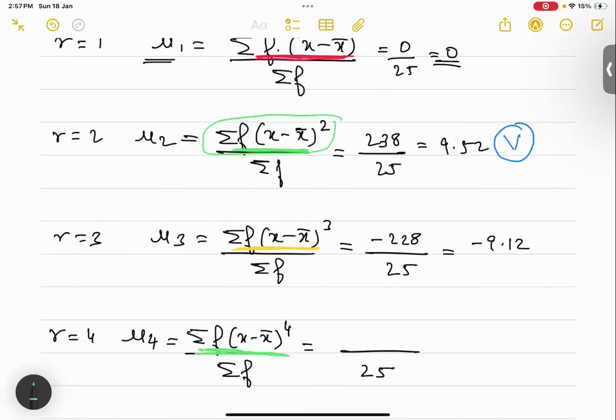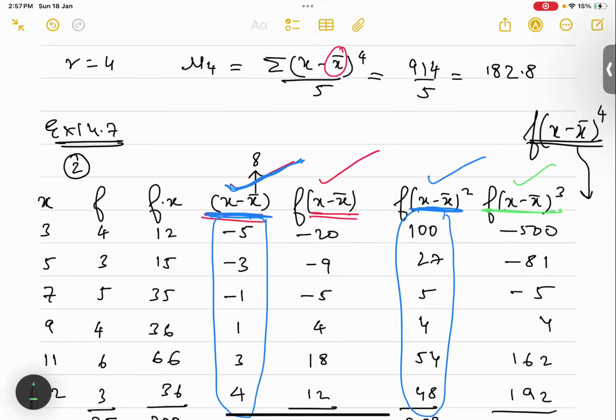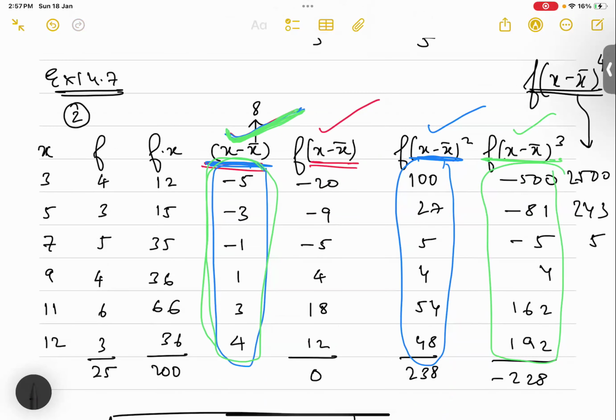So this is 2500 if I'm not wrong. Then 81 threes are 243. Then 162 into 3 is 486. And the last one, 192 into 4, is 768. What is the total? 4006.